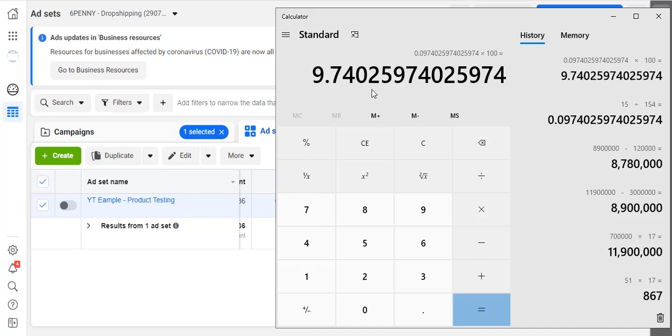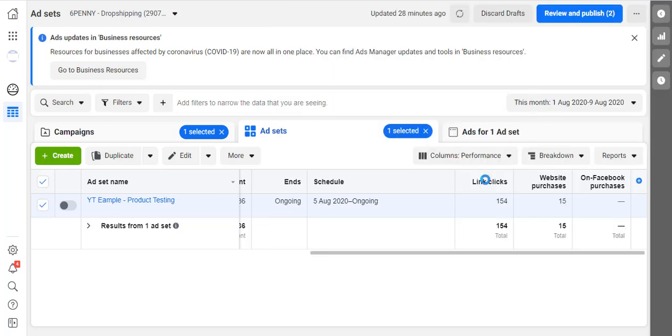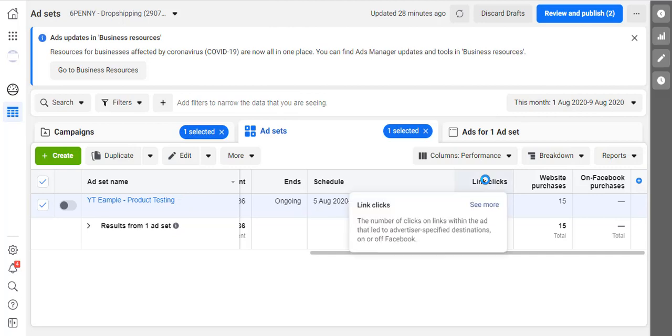That's my conversion rate here, I would say. So out of 154 people who actually clicked on my link and viewed the product, 15 bought. So a 10% conversion rate, that's good. That's a product you should be looking at selling on your website if you are getting that conversion rate.